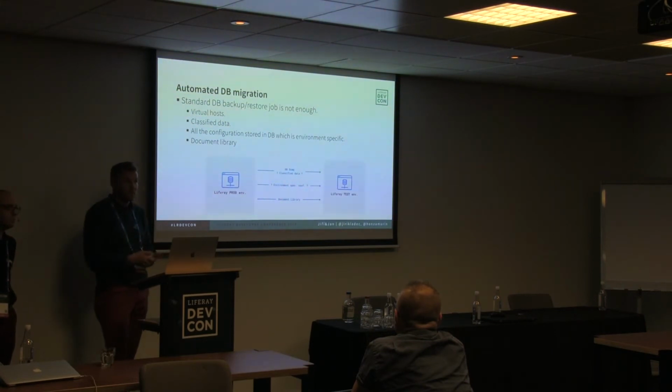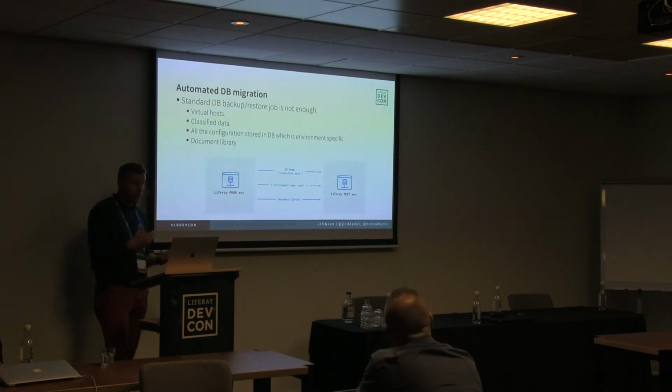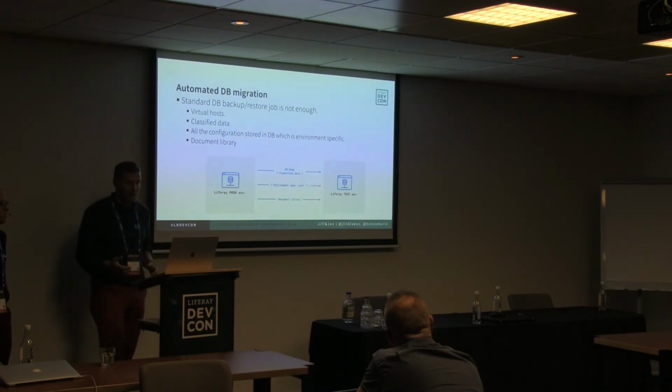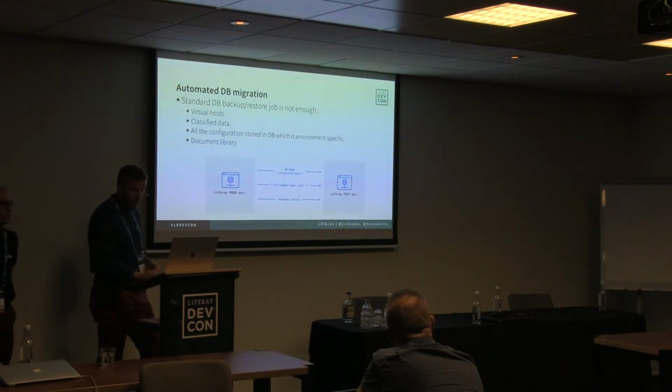You need to handle the classified data, because if you are working on the production and taking all the data from the production, you probably don't want to present these data to the testers or to some other guys from the development team. And all the environment-specific configuration in the production database needs to be changed according to the concrete environment. So how did we actually do it?